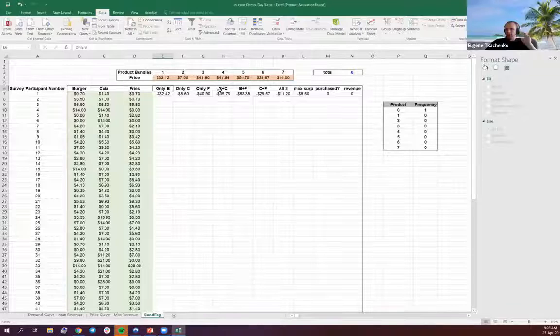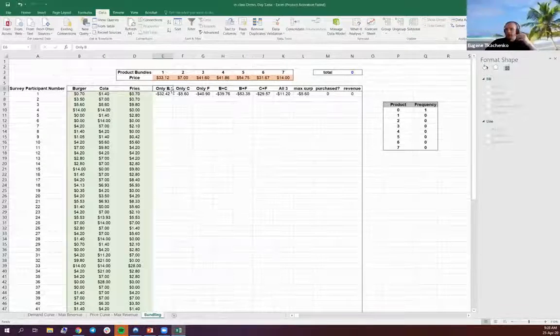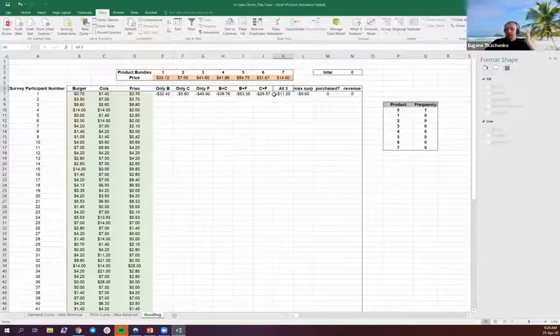But then we may be offering the actual bundles, like a combo of burger plus cola, a combo of burger plus fries, a combination of cola plus fries, and then the combination of all 3 products, burger, cola, and fries.